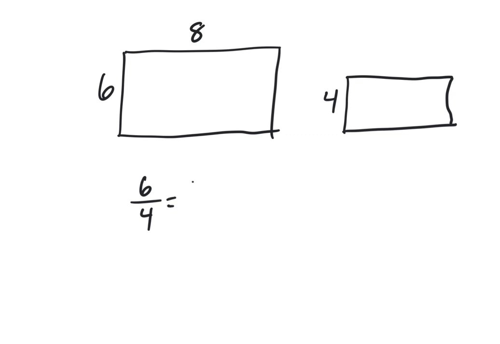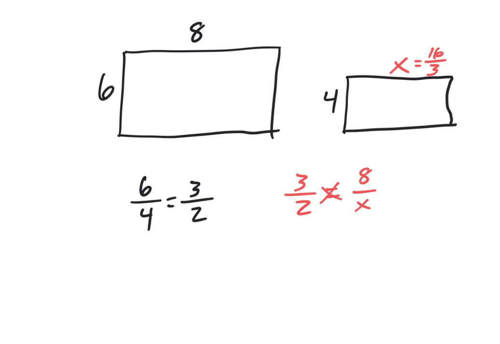So 6 over 4 would reduce to be 3 over 2. That would be my ratio. To find out what this side length would be, I could set up a ratio with that. I could say 3 is to 2 as 8 is to x. So if I cross multiplied here, I get x equals 16 over 3.